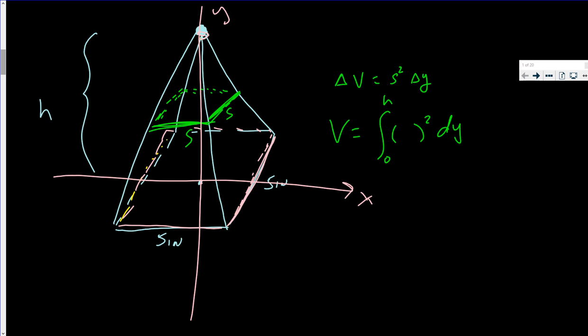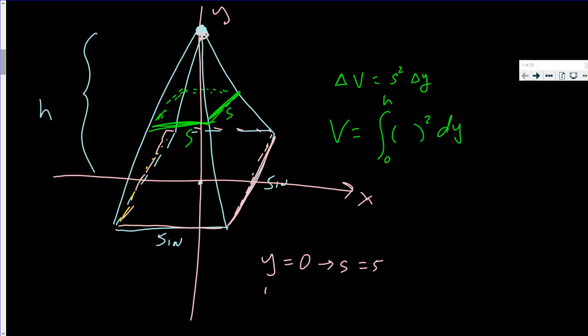Now, the question is, at a given y value, what is the length of each side? I know one thing. When y equals 0, we'll call it x. The length, well, let's call it s. S is equal to 5. We know that.